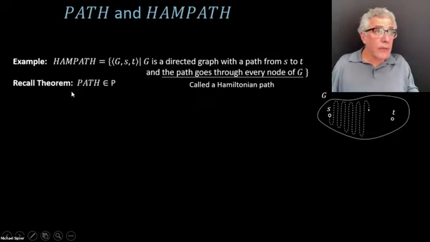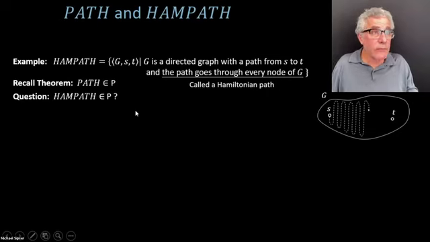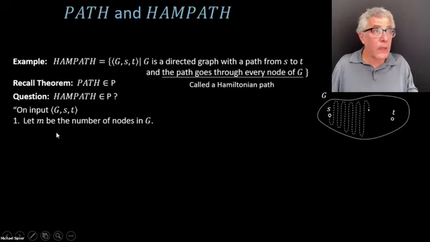As you remember, the path problem itself can be solved in P. And what I'd like to know is, can the simple modification where I'm asking you to visit everything else along the way, is that problem also in P? I'm going to pose this as a check-in for you. But actually, before I get to that, let me give you an algorithm for HAMPATH that doesn't work to show it's in P because it's exponential.